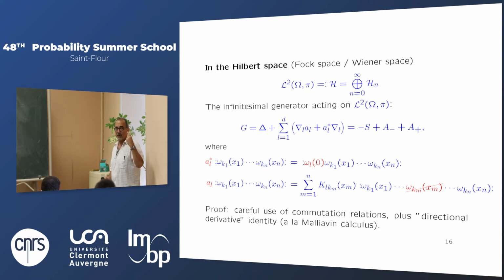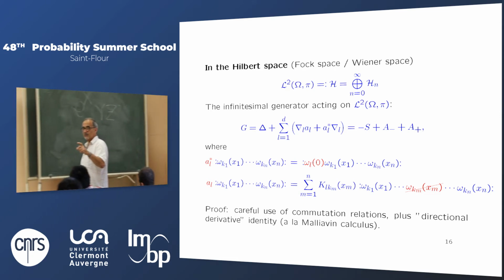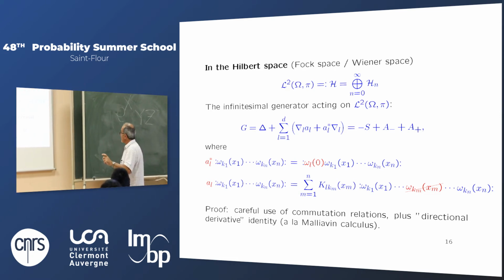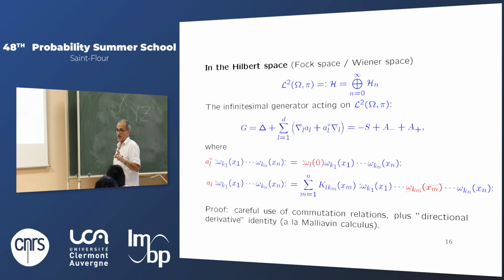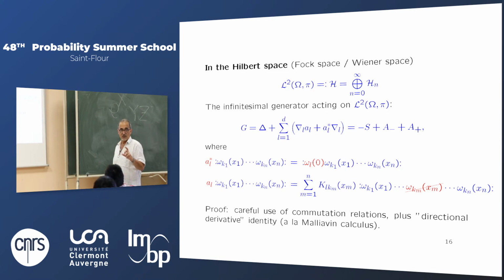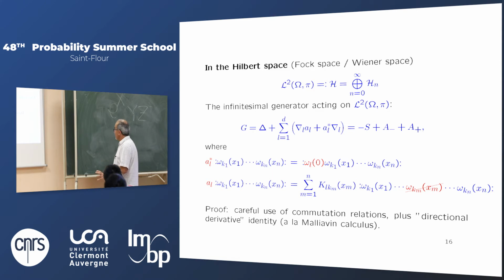And one more element is here as compared to last time when that didn't appear, this directional derivative operator. I speak to those who know some Malliavin calculus, I don't know if there are some. The directional derivative operator also has some special form, right?